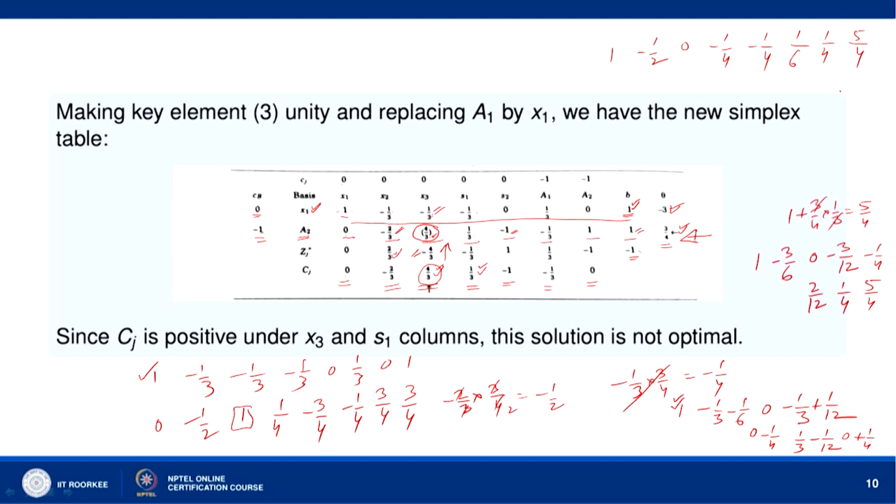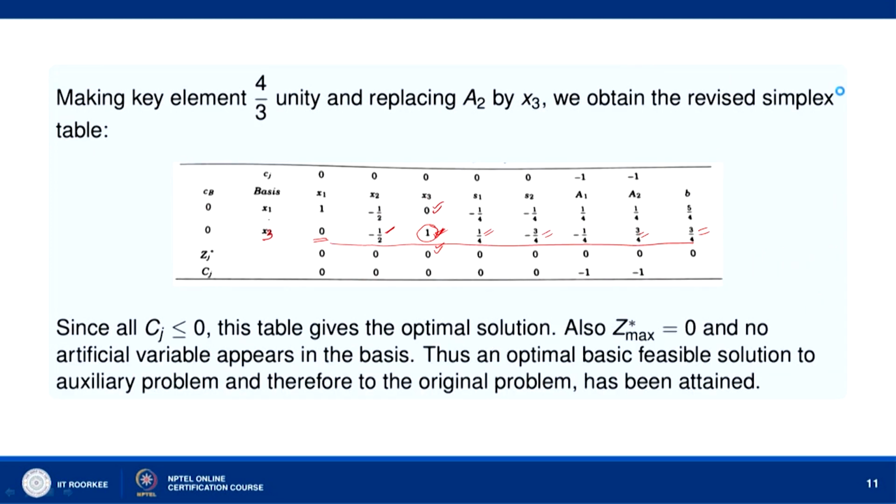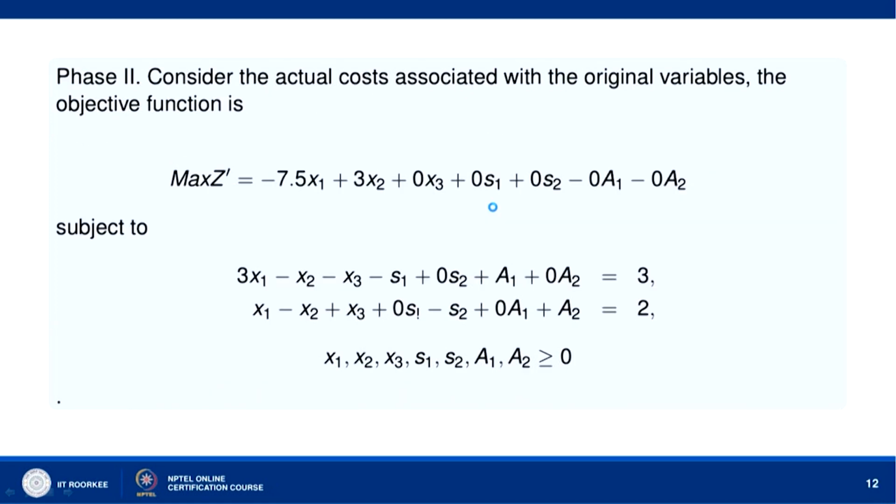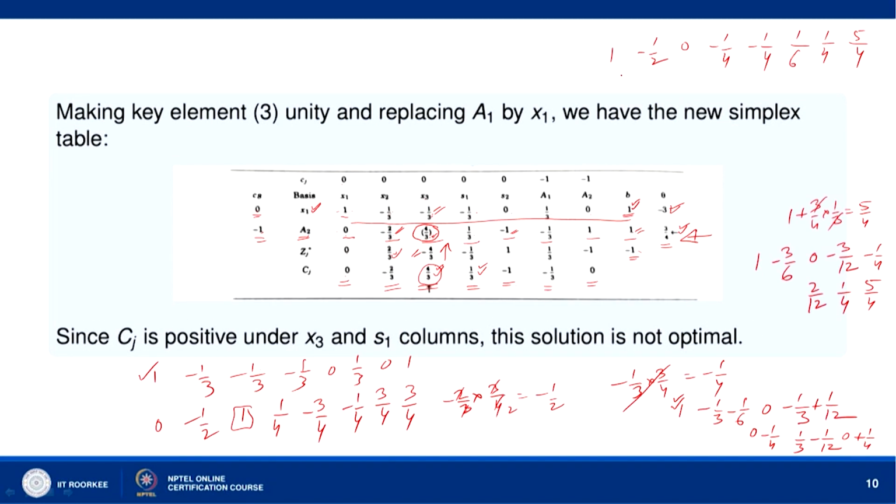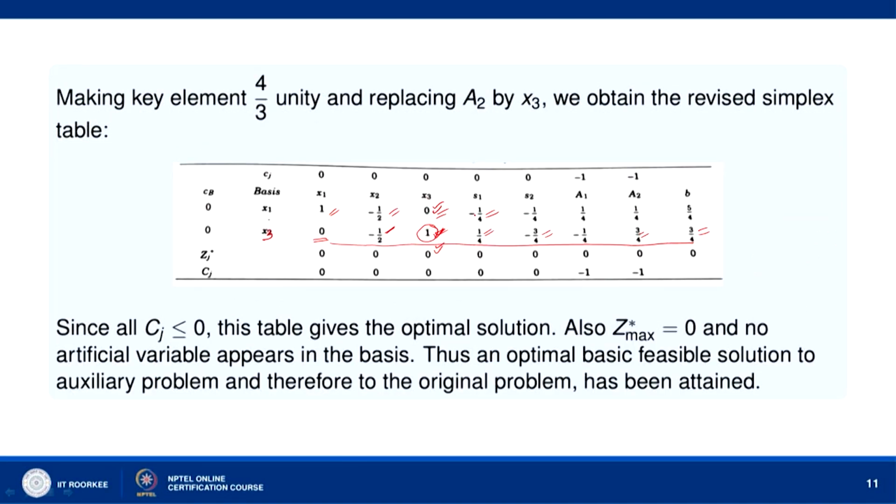Let us see what we are getting there. 1, minus half, 0, minus 1 by 4, right, and then we get minus 1 by 4, 1 by 4, 1 by 4.